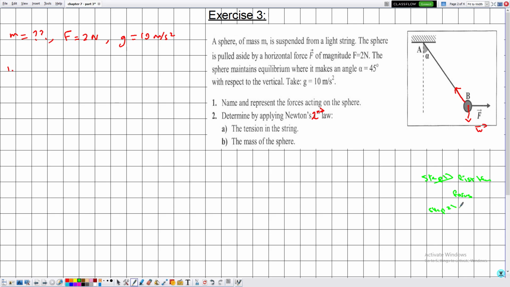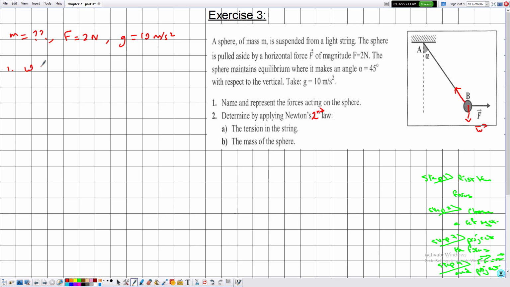Step number 2, choose a reference system. Step number 3 is to project the forces. And step number 4 is to use the equation sum of forces equals ma and project.